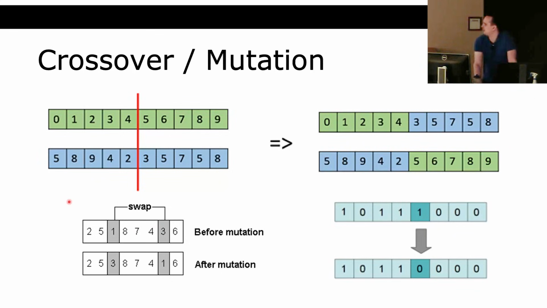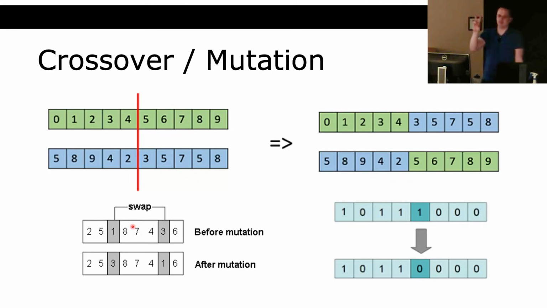Recombination for our assignment is going to be dead simple. You have one array of integers, you have another array of integers. You are going to form two children from those two parents. The two children are the first half of one parent, the second half of the other parent, and vice versa. Couldn't be easier. The mutation operators could be varied, right?